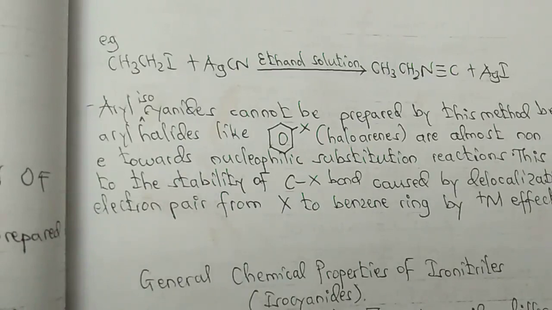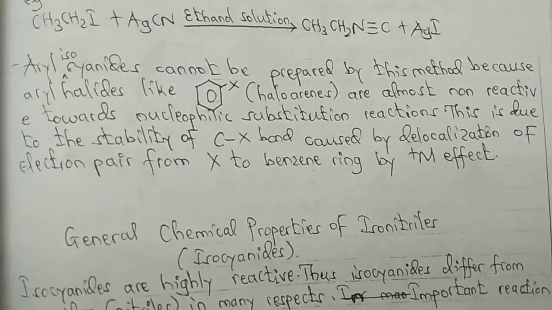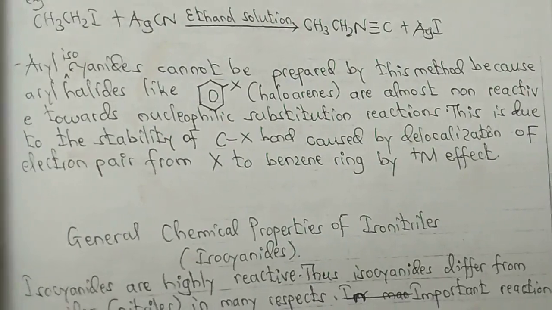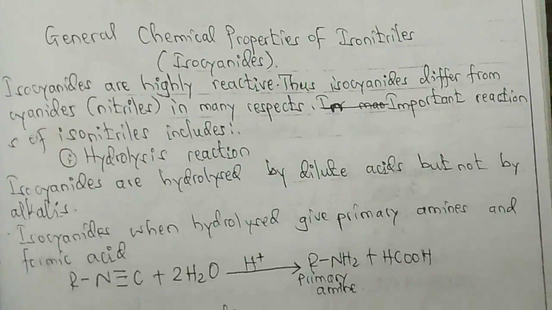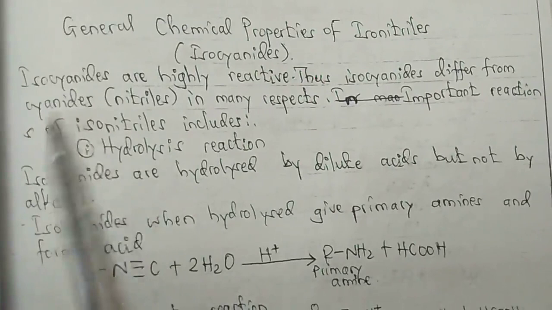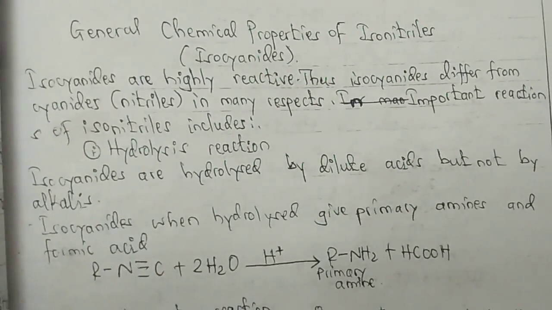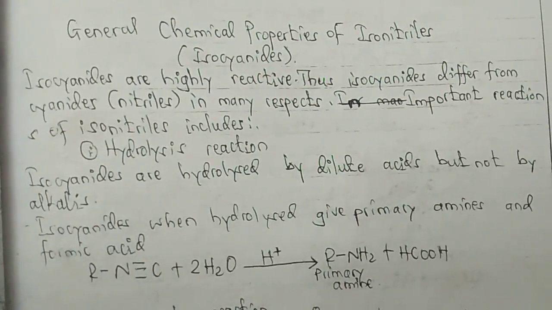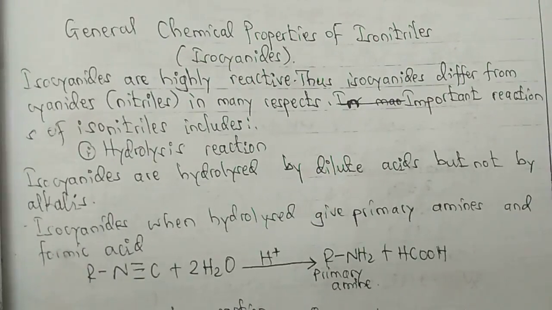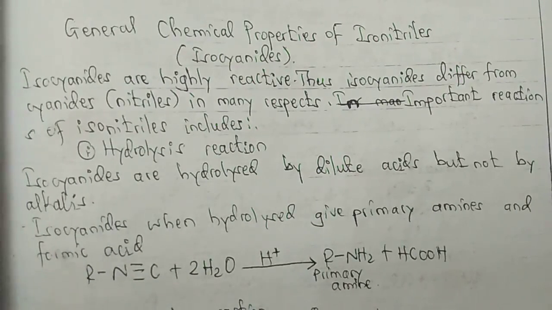Kwa reaction nyingi ambazo aryl group zitakuwa haziwezi ku react ni kwa sababu ya stability of the benzene ring due to delocalization of electron. The general chemical properties of isocyanides or isonitrides. Isonitrides are highly reactive, thus isocyanide differ from cyanide, unaona, in many respects.